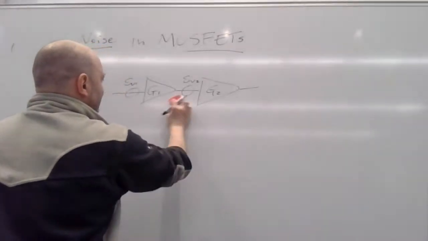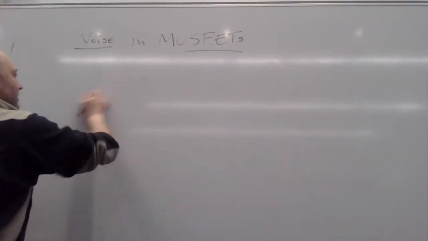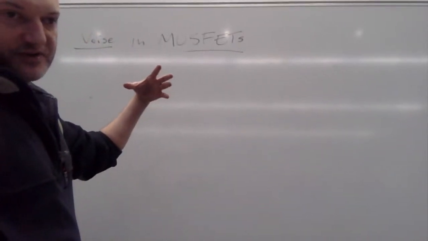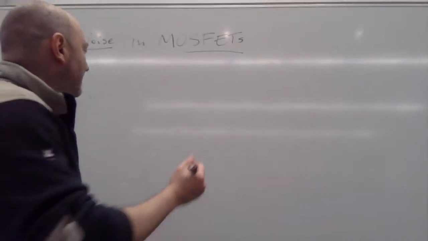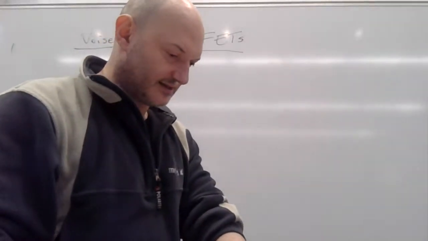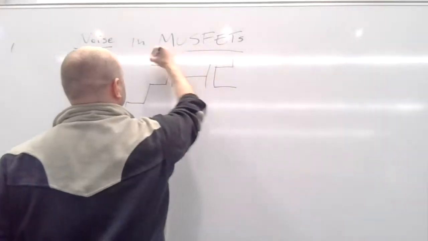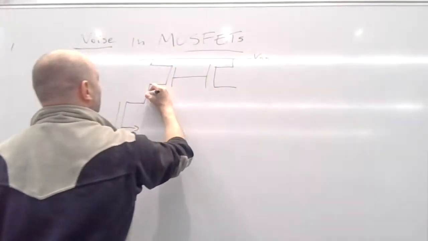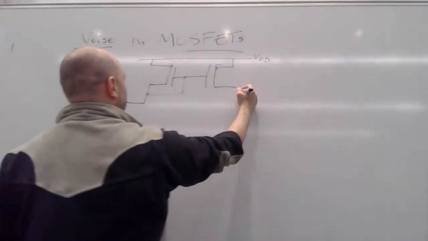Our differential amplifier. I'm going to use the differential amplifier with the active load, where we put the current mirror on top of the differential pair. In your handouts, I've used an N-type differential pair, I think. Here is the VDD, and here is the current mirror made with P MOSFETs.